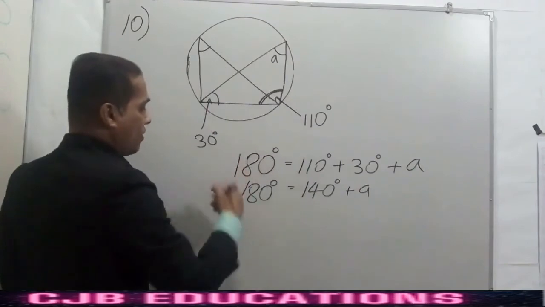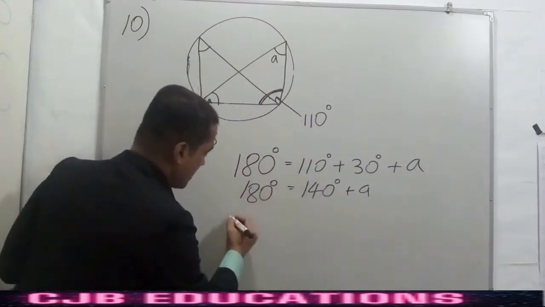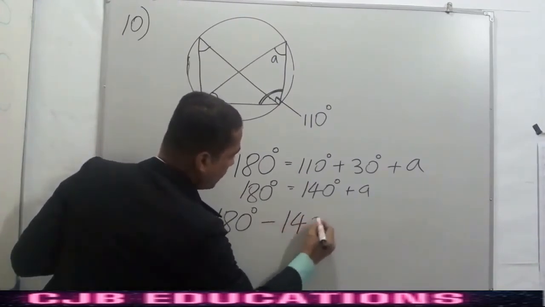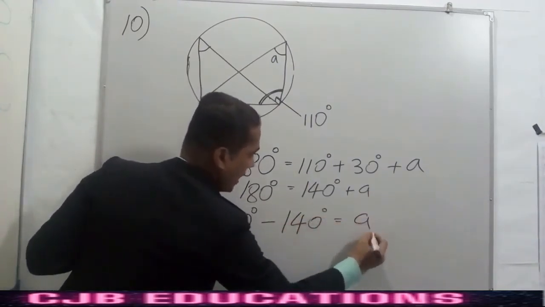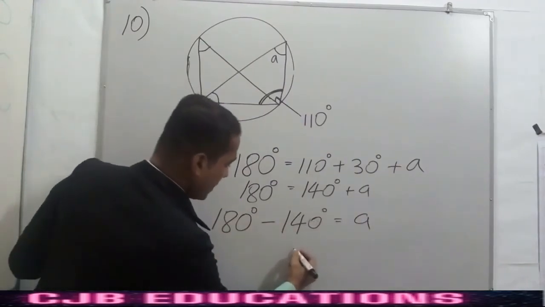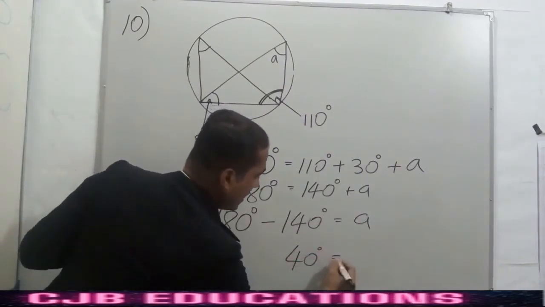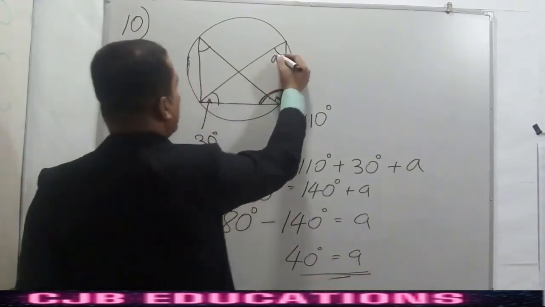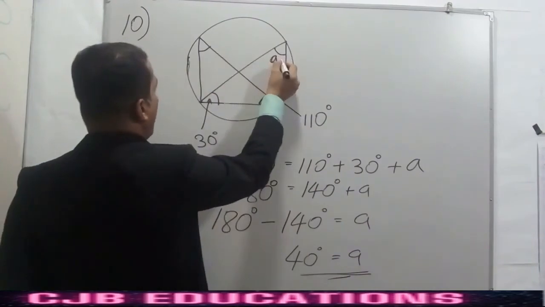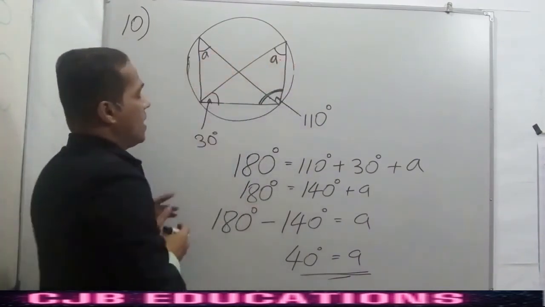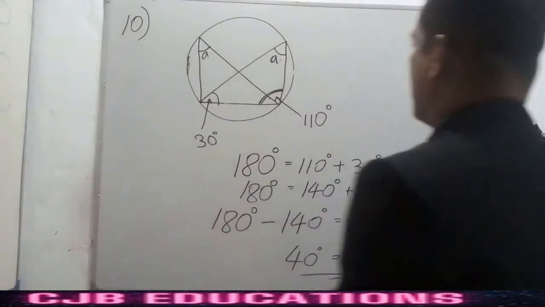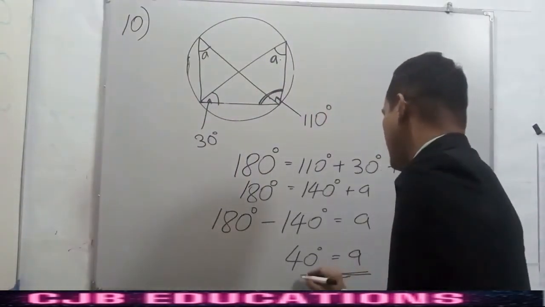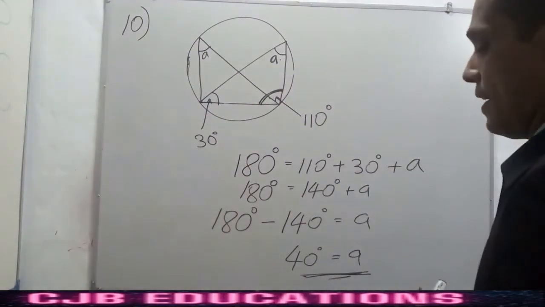Then we take this 140 to this side: 180 minus 140 degrees equal to a. Then we get 40 degrees equal to a. This a is the same as this a by the theorem. Okay, then a is 40 degrees.